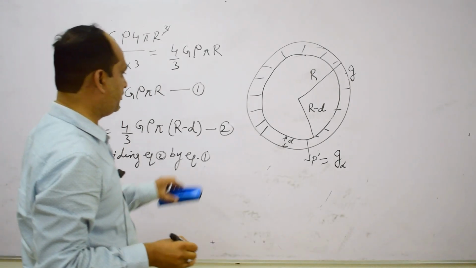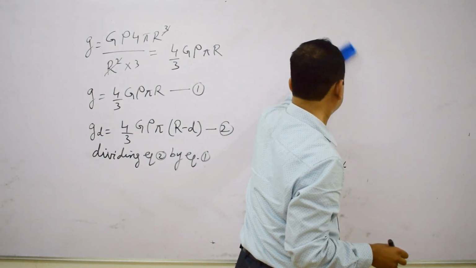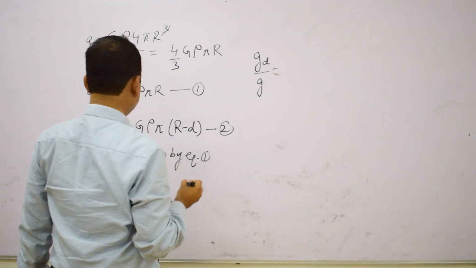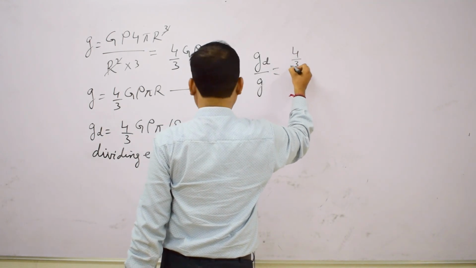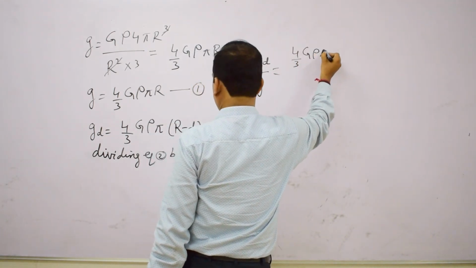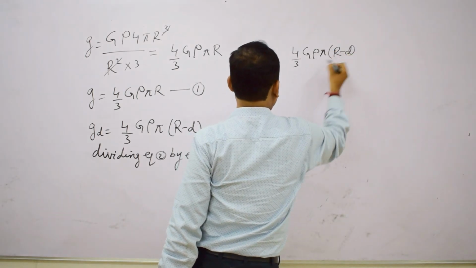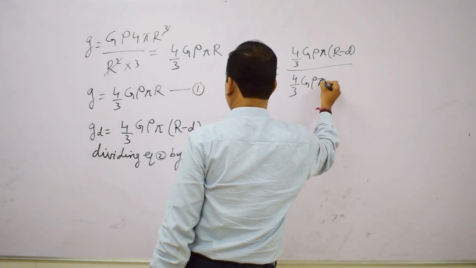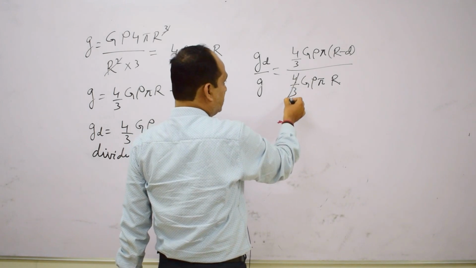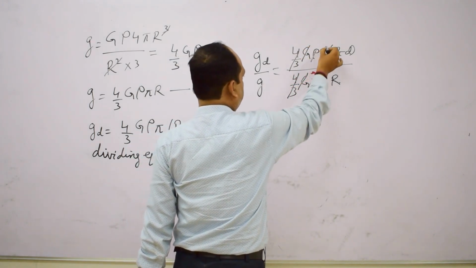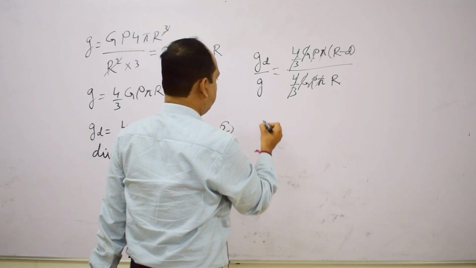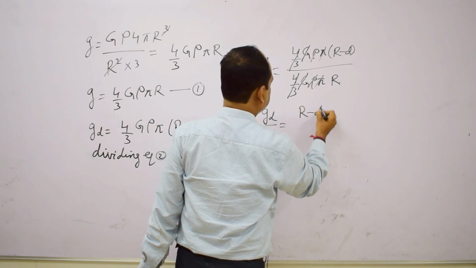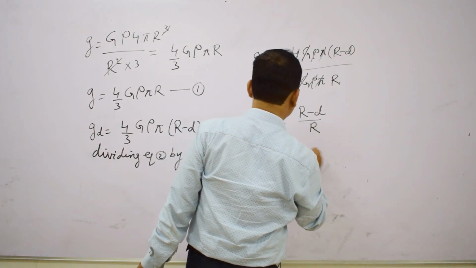Now when we divide equation number 2 by equation number 1, we get gd/g = [4/3 G rho π(R - d)] / [4/3 G rho πR]. So 4/3 G rho and π get cancelled, and we have gd/g = (R - d)/R.